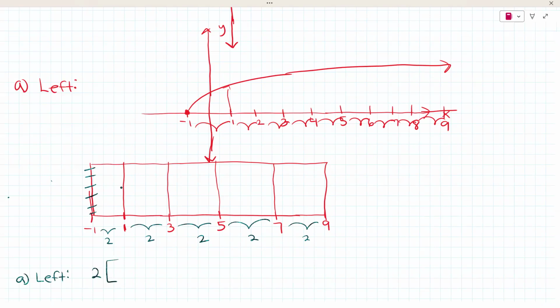Then, since we're doing the left side, we find f of -1 plus f of 1. That would be our height. And then the next one would be f of 3, then f of 5, and then f of 7.